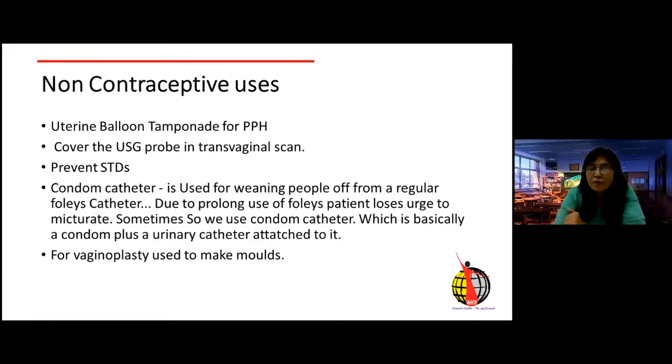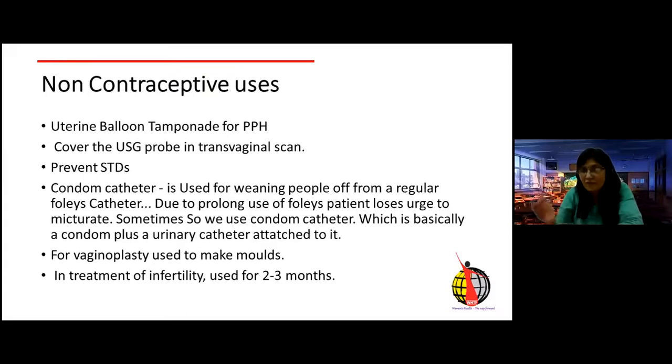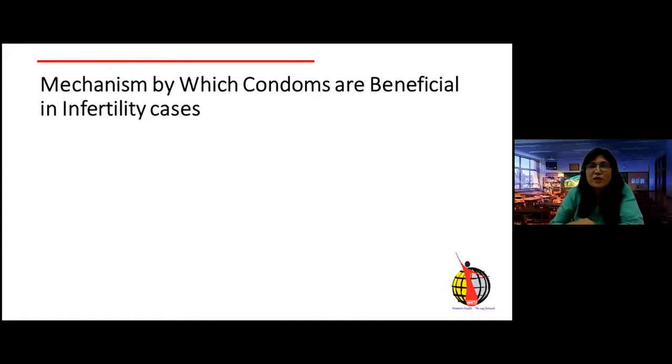Now, in the treatment of infertility also, condoms are used, and I will tell you how and why it is so effective. Of course, the next question would be, what is the mechanism by which condoms are beneficial in infertility cases?